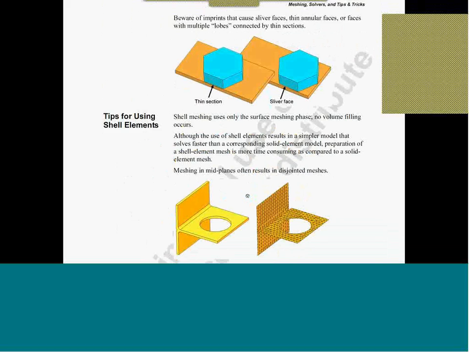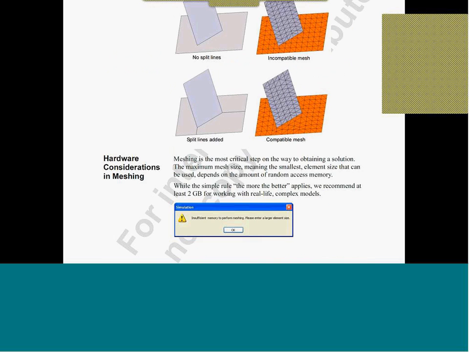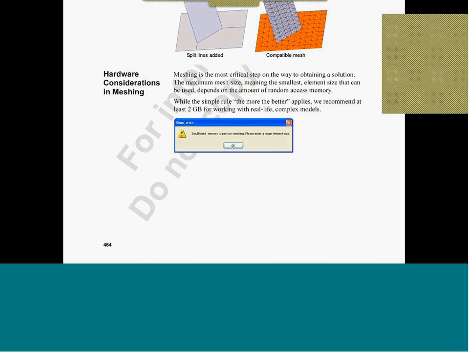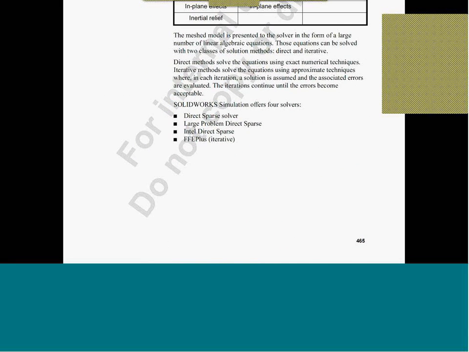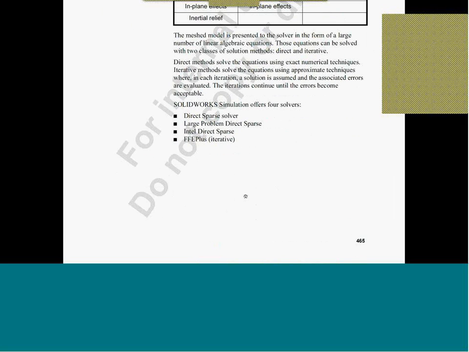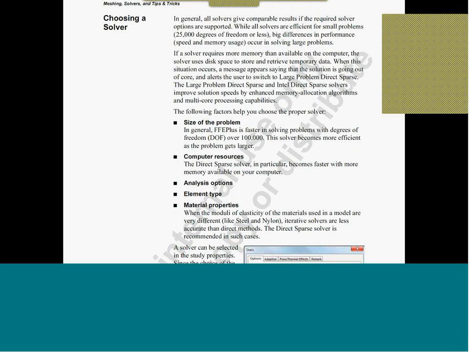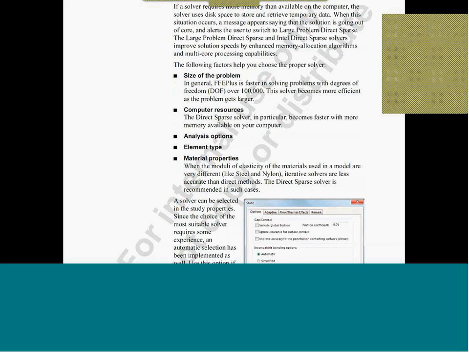Yeah, these are also good. For the hardware corrections for meshing, direct spans, large problem, direct spans, indirect spans, tricky. Choosing it: problem, computer resources, analysis option, element type, properties, that's fine.